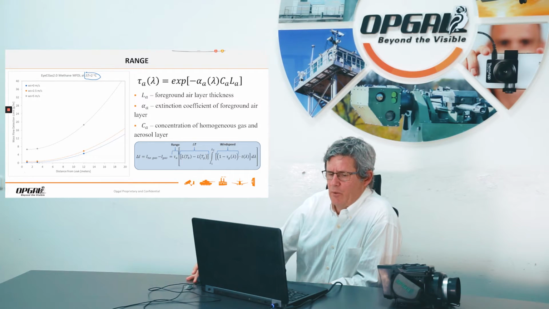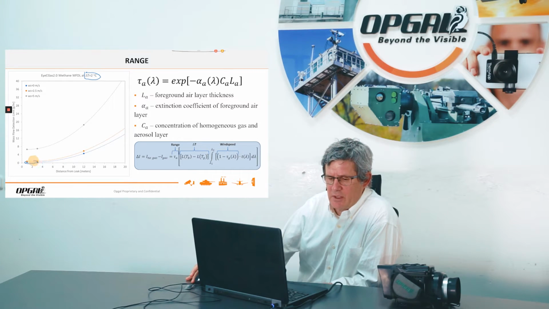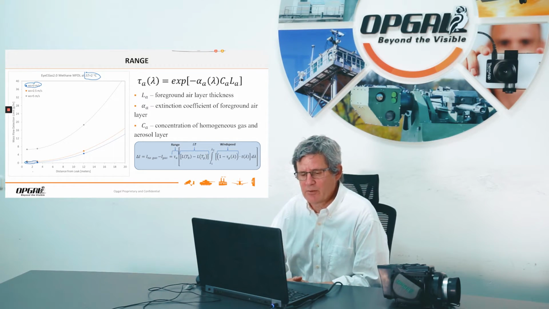We have 1 meter, 3 meters and 12 meters distance, defining the MFDL, which is the mass flow detection limit. These two blue dots are the indoor setup, 0 wind speed, and these two numbers are exactly at the 0.35 gram per hour numbers as we got in previous third-party studies.